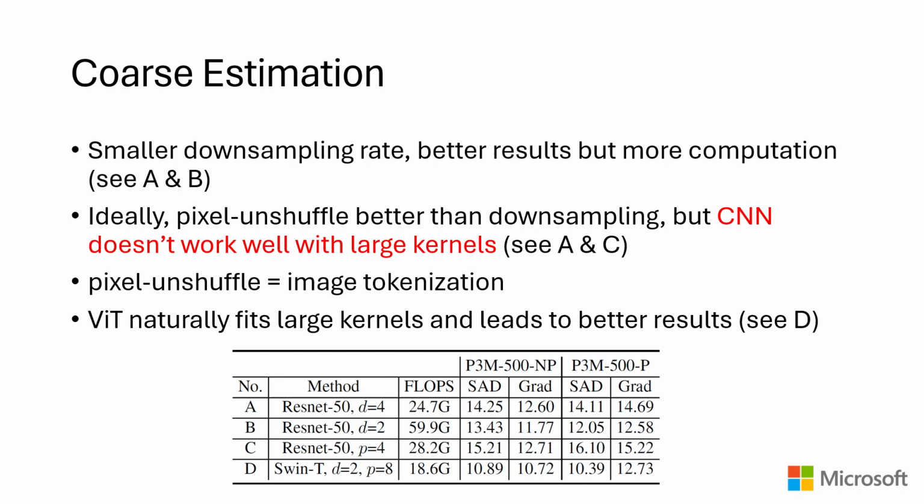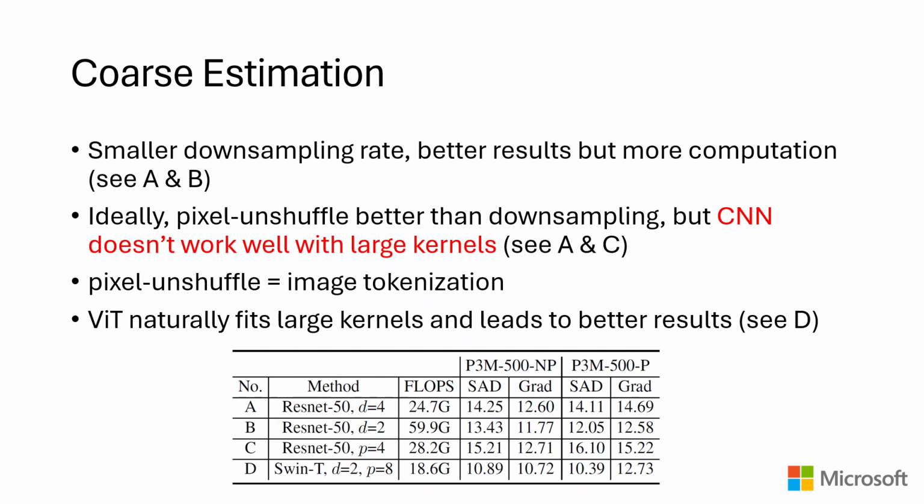However, smaller downsampling rate means more computation, which is unacceptable if our input is HD or 4K. Therefore, we went on with a pixel unshuffle, which divides the input image to non-overlapping patches and moves the patch's spatial dimensions to the channel dimension. Compared to downsampling, this reduces spatial resolution but retains more input information.